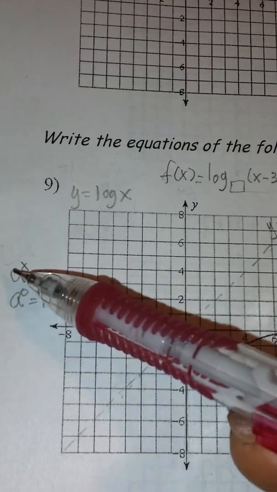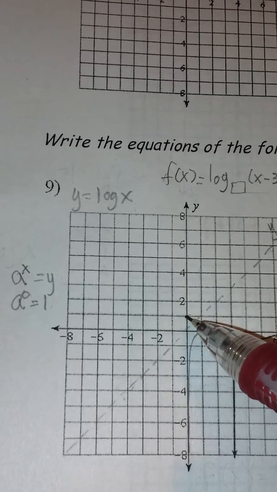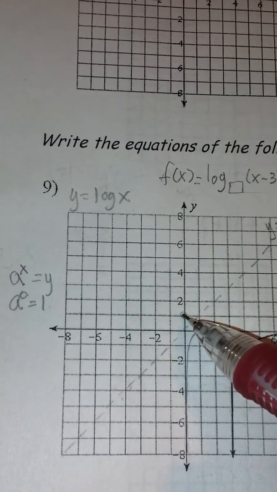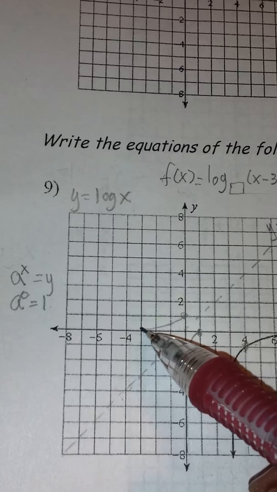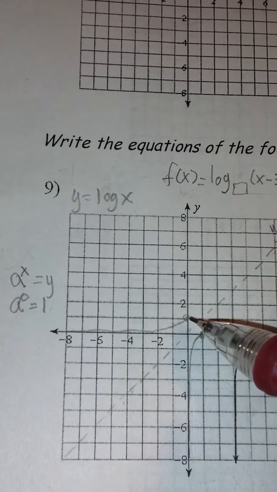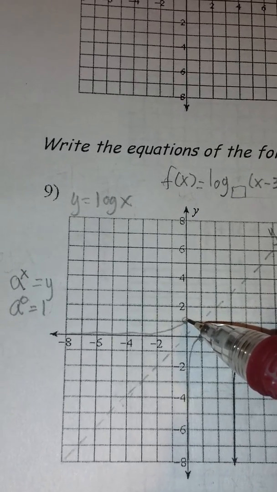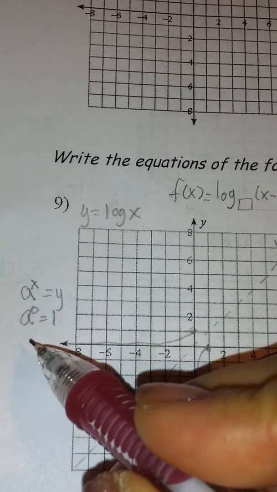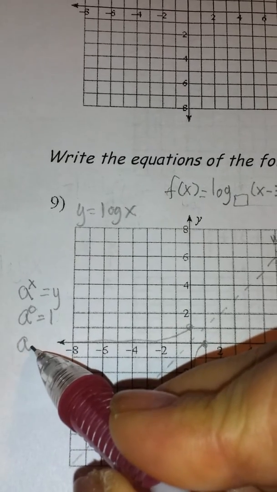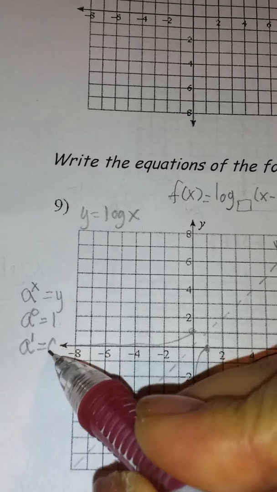So if x is 0, y is going to be 1. We know all exponential functions, when they're not translated, follow this. We'll just write this down right here. If the base is raised to the 1 power, it's going to be a.